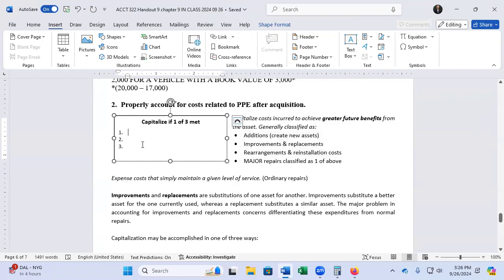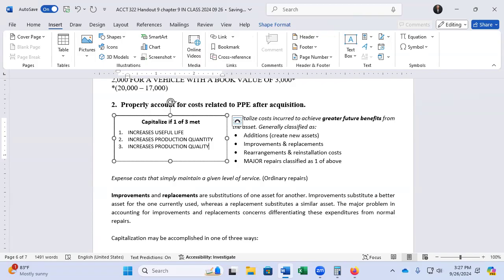And so when do we have? We have some rules that we capitalize if all three are met. And one is that if it increases useful life, increases production quantity, or increases production quality.